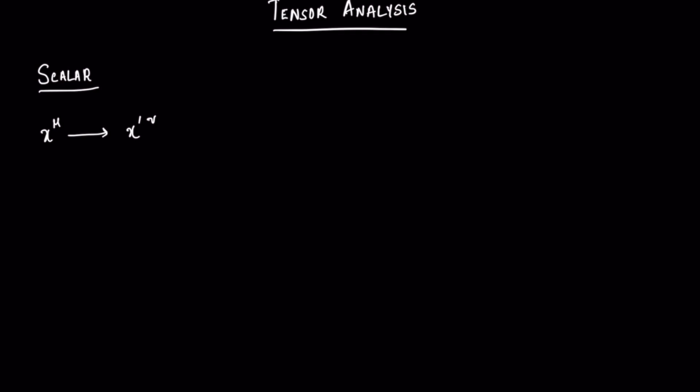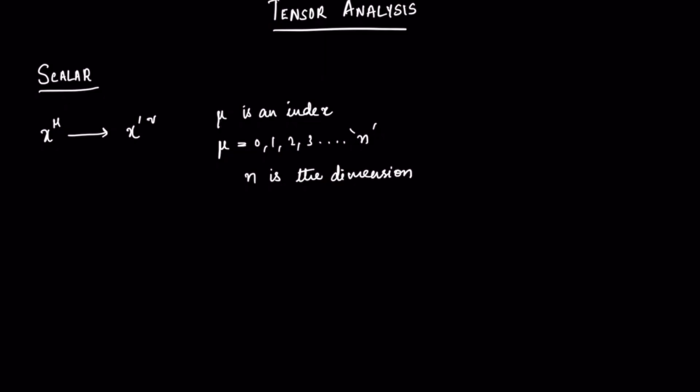Here mu is an index, and mu can take the values 0, 1, 2, 3, etc. up to n, where n is the dimension. In 4 dimension, mu can take 0, 1, 2 and 3.